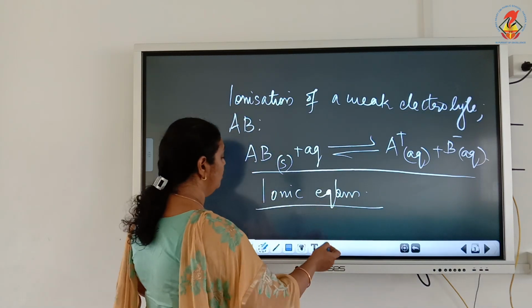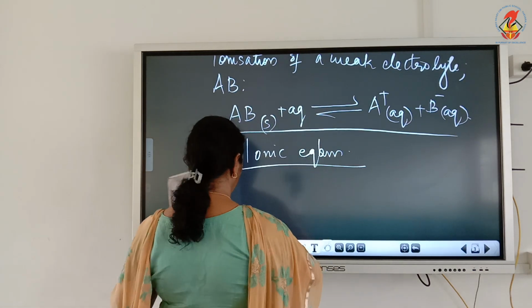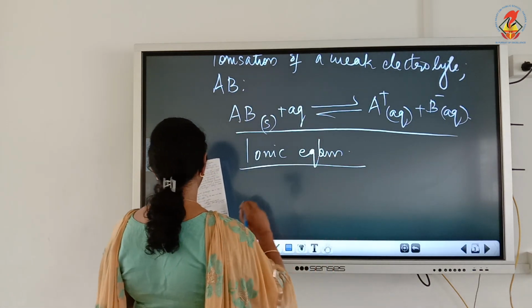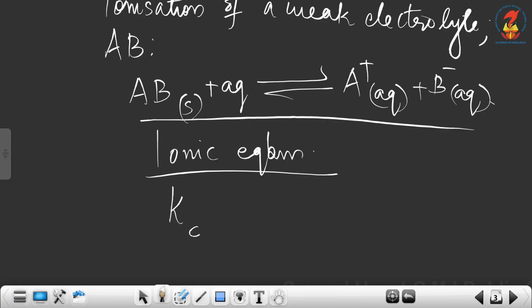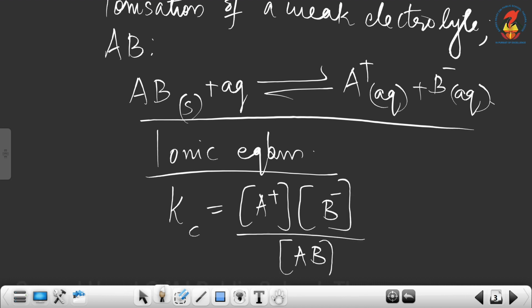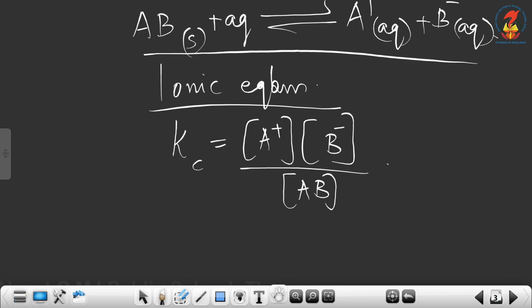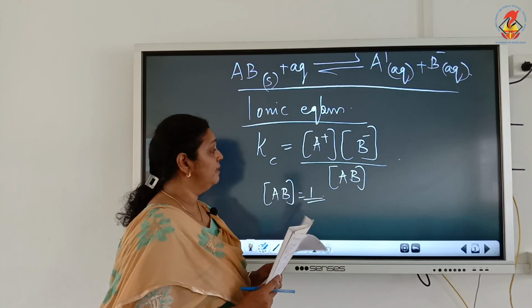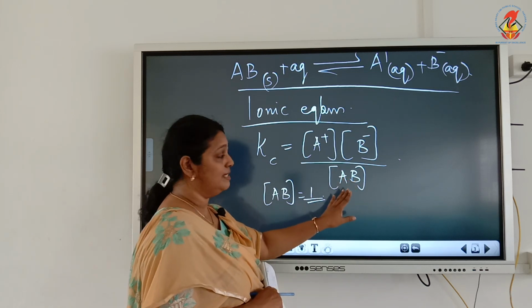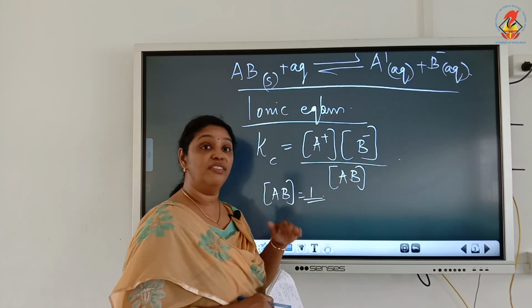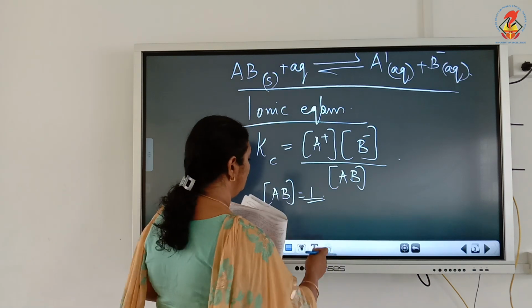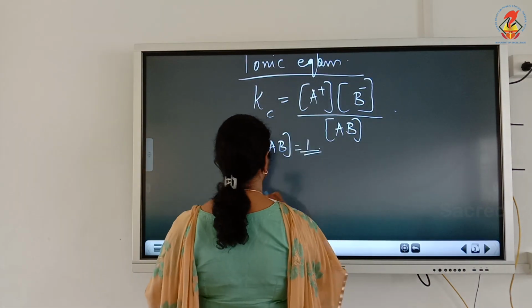Now I am going to apply the law of chemical equilibrium to this reaction. So how will we write the expression for equilibrium constant? Kc is equal to concentration of A+ into concentration of B- divided by concentration of AB. Now we know that for pure solids concentration is taken as 1, so the concentration of AB is a constant, and when multiplied with Kc it gives rise to a new constant which is denoted by Ki.